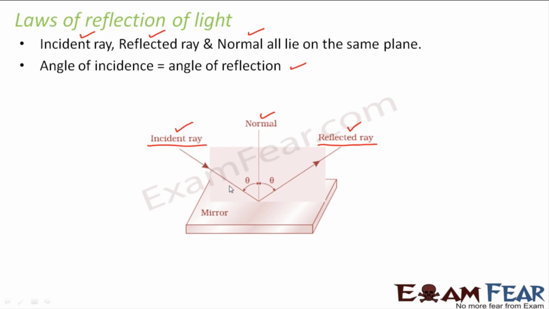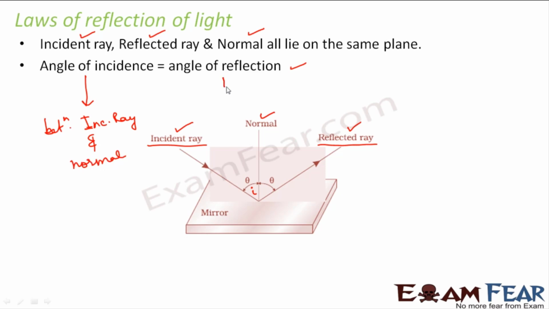Now, what is the angle of incidence? The angle which the incident ray makes with the normal is known as the angle of incidence. So this is my angle of incidence. This angle of incidence is between the incident ray and the normal.